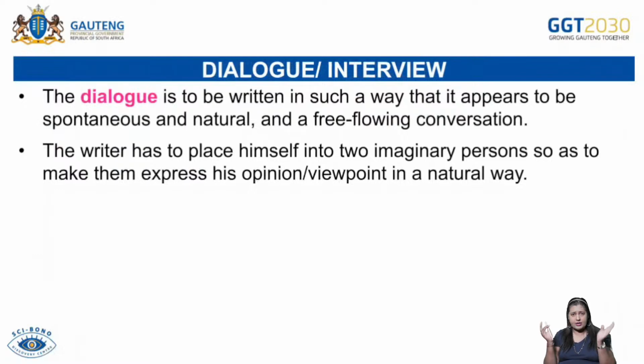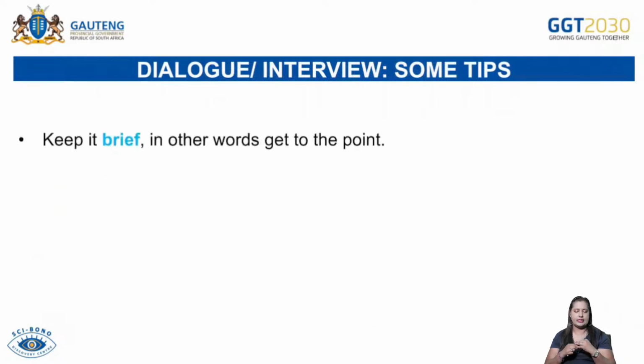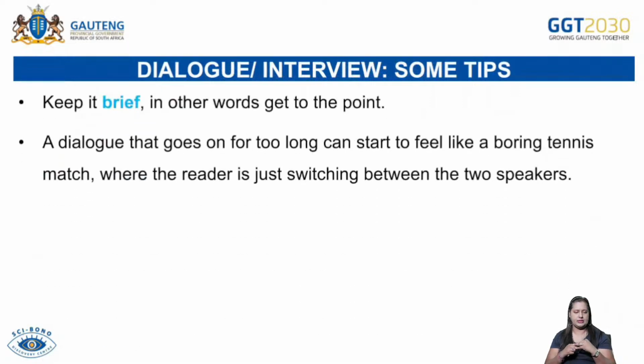Think about the characters that are involved here, maybe they're two different characteristics altogether that you want to showcase and have a spontaneous conversation between these two people, or two characters. Then your opinions and your views must come across.